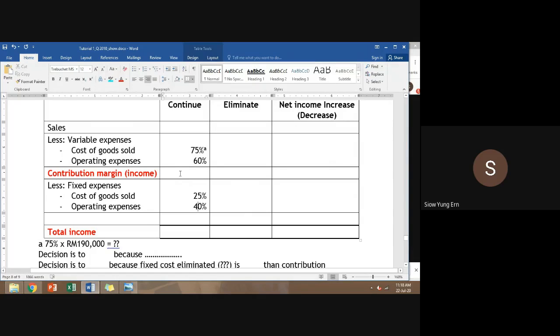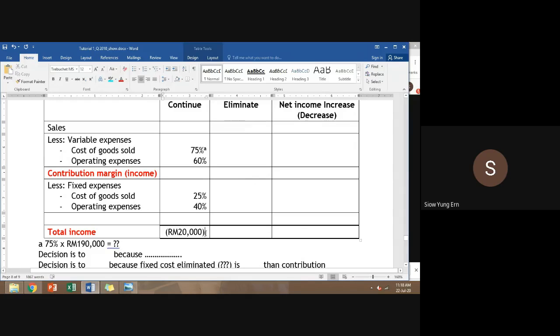So now after you minus off, you will get your total income. What do you get? Your total income, what do you get? Negative 20,000. Don't forget your RM. Okay, negative 20,000.